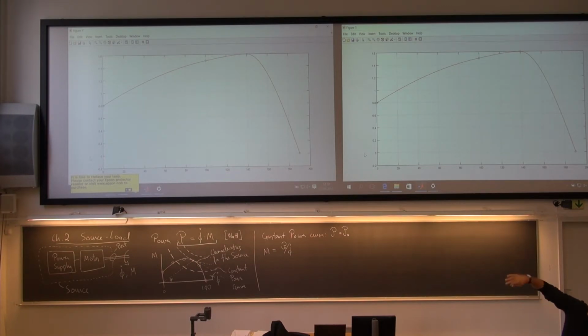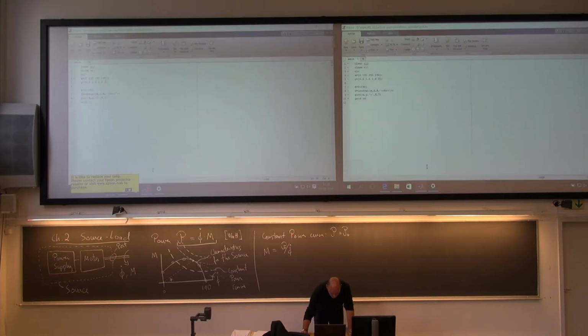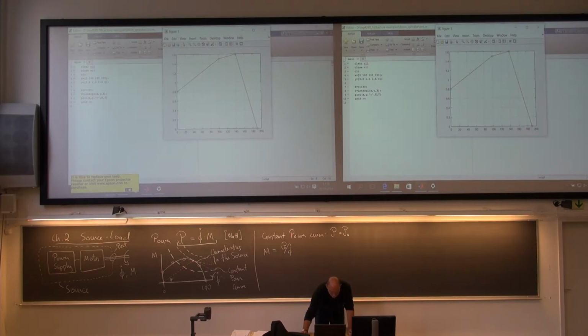Here you see I have used some cubic spline, so it's a little curved. If you don't write anything in MATLAB, it will provide you with straight lines. So you have different ways of doing the interpolation. So cubic, if we remove this one, like that, it will then provide us with just straight lines.